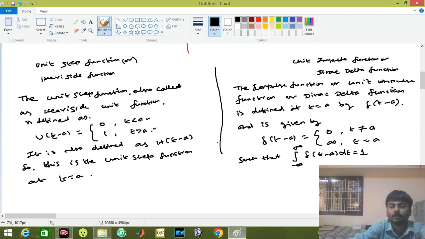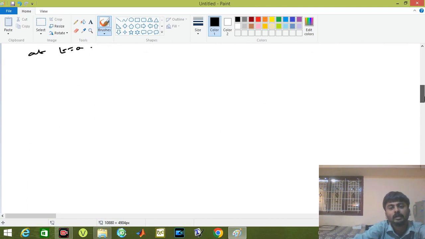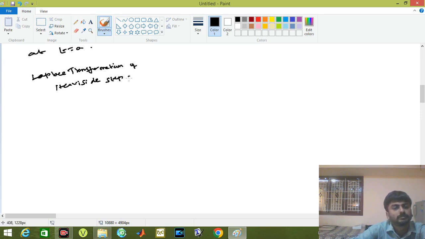Now we are going to find the Laplace transformation of both of these. First the Laplace transformation of the Heaviside function, or Heaviside step function, or unit step function.